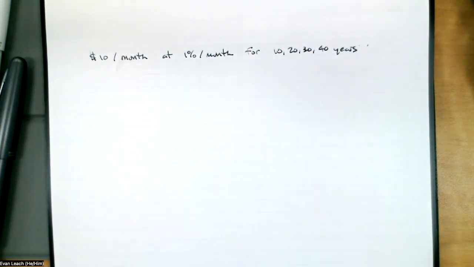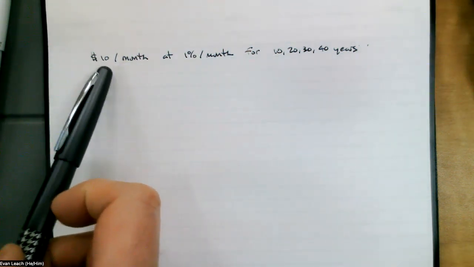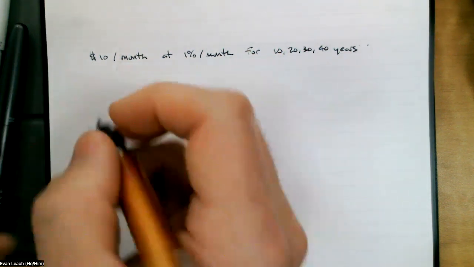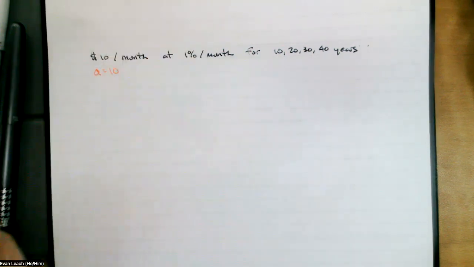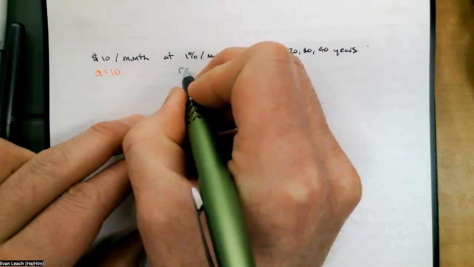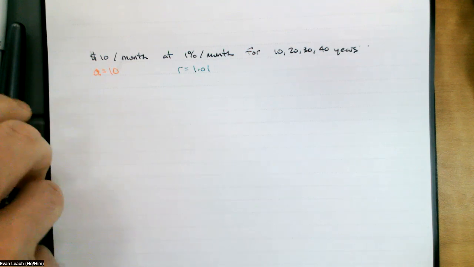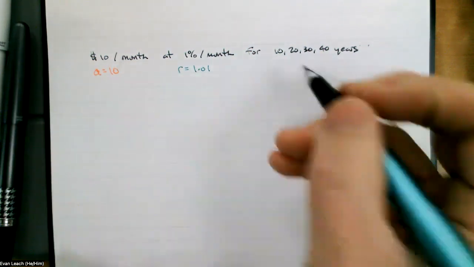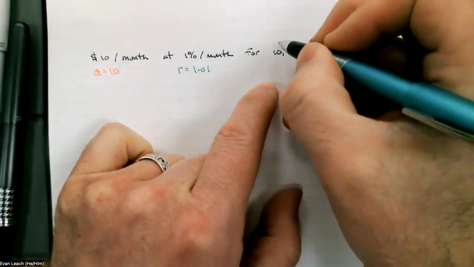So if we wanted like $10 per month at say 1% per month for 10, 20, 30, 40 years, starting off at 0. So this could be our A. If it's increasing by 1% per month, our common ratio will be 1.01. And then we'll have a bunch of values for N. So 10 years is 120 months.